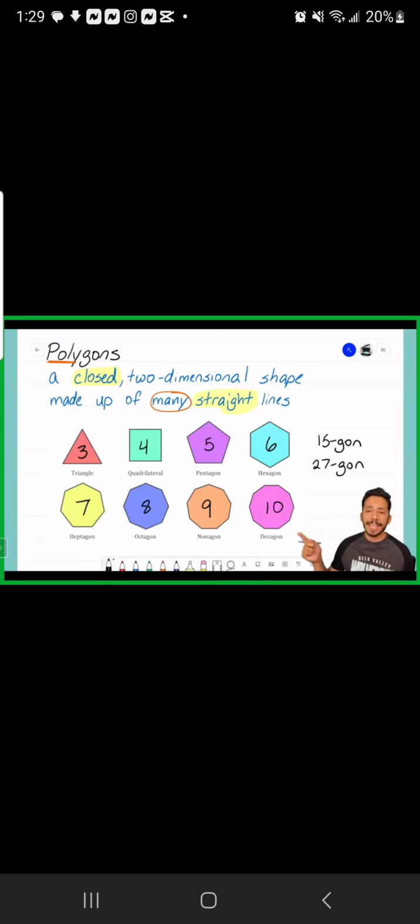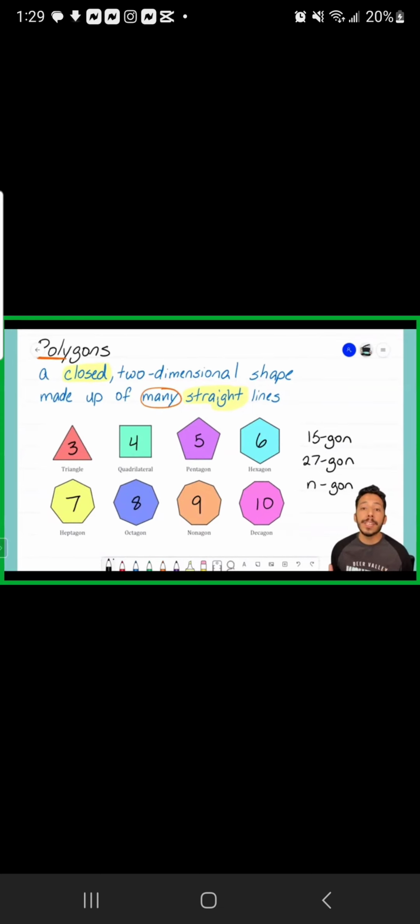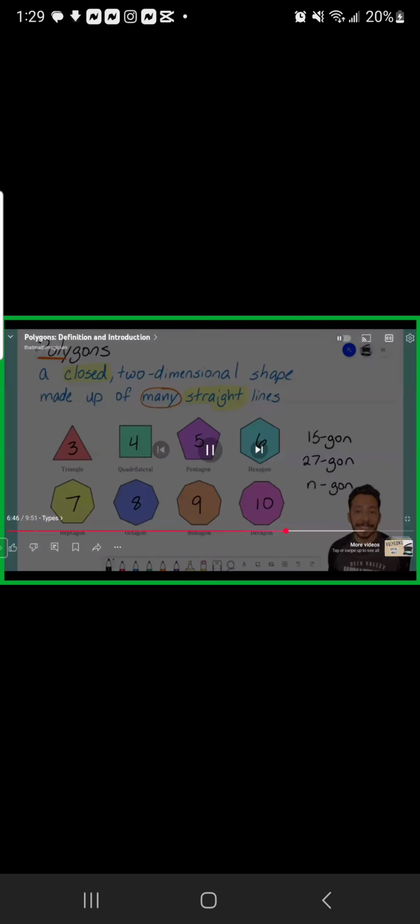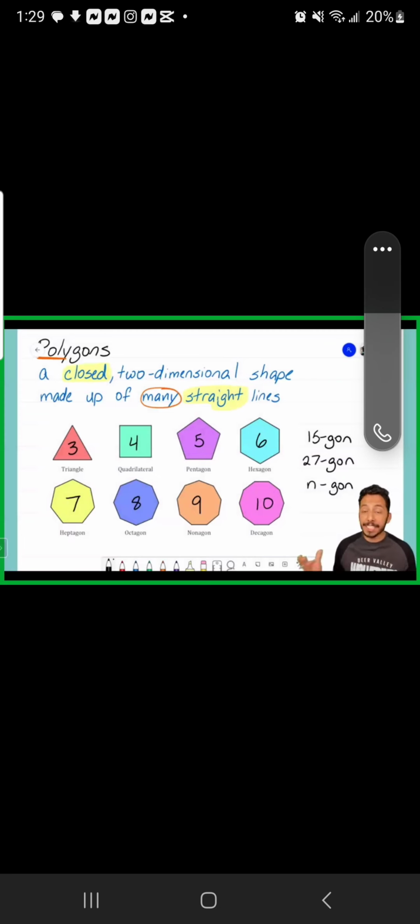And so as we get past the 10-sided shape, you'll notice that all we will do is change that n value there, the n-gon, where n is going to refer to the number of sides. So however many sides your polygon has, we're just going to call it that plus the ending of gon. So you could have a 40-gon, a 50-gon, 100-gon, 100 sides, 195-gon.